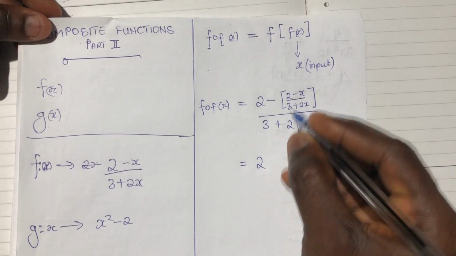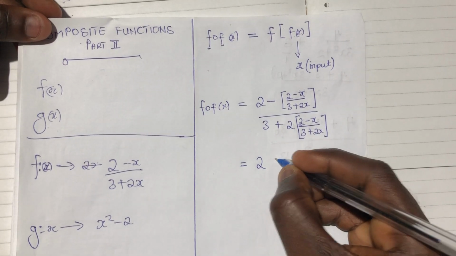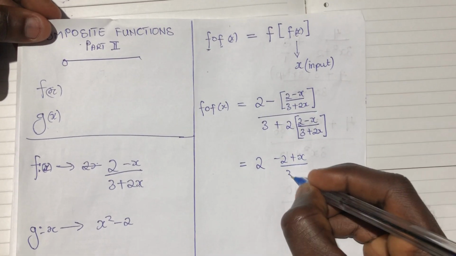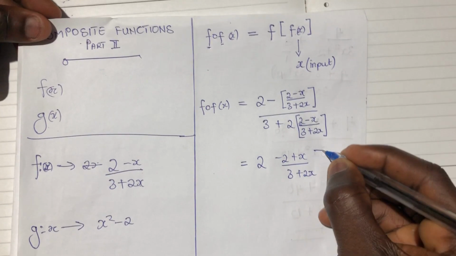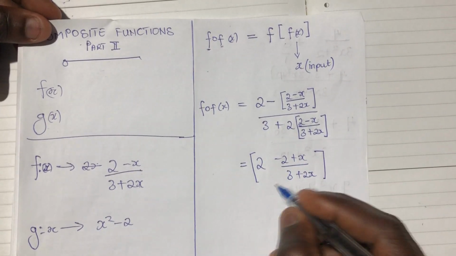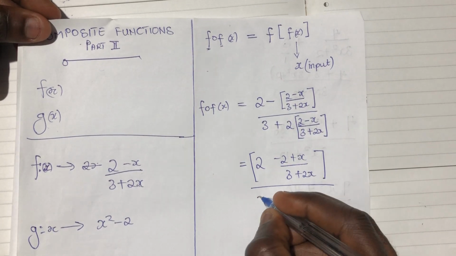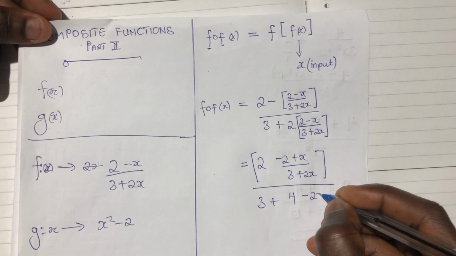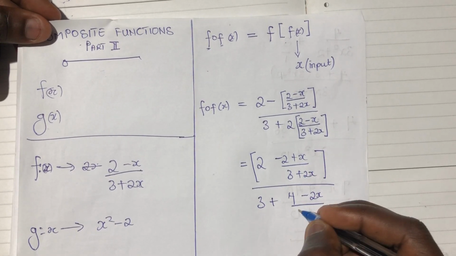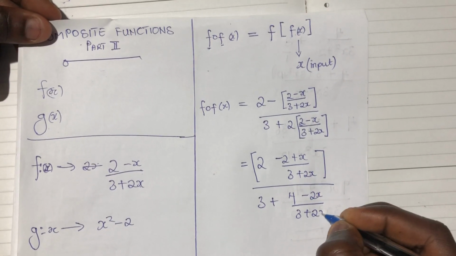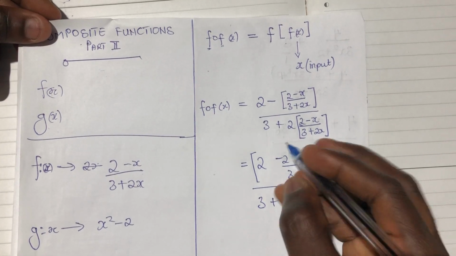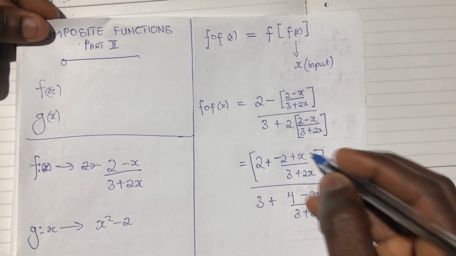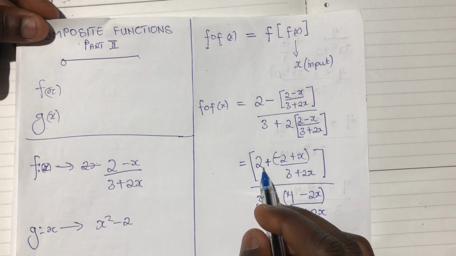We have 2 minus, which affects only the numerator, minus 2 plus x, all divided by 3 plus 2x. So I'll put this in bracket, then divide this. I'll have 3 plus, this will give me 4, this will give me minus 2x, all divided by 3 plus 2x. So I can choose to bring a positive sign here to separate this function away from the 2.